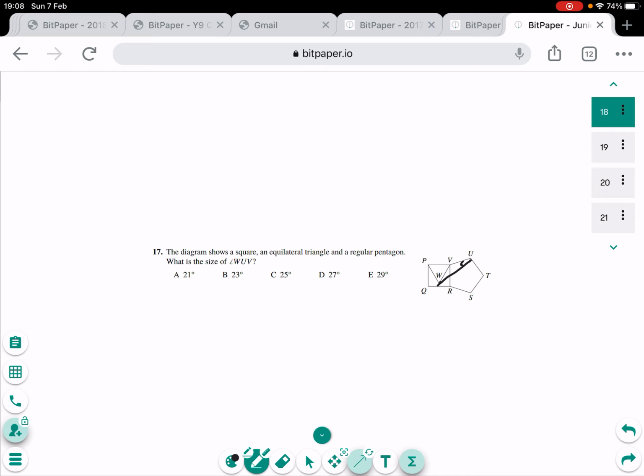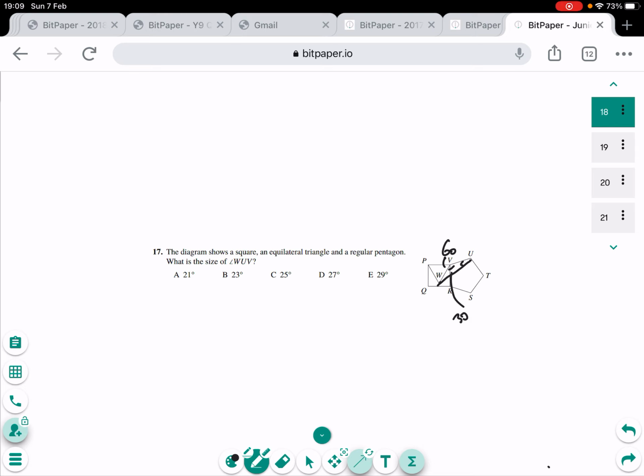So we can know that that's 60 first of all. So that angle must be 180 minus 60, which equals 120. No, talking rubbish here. So that's 30.